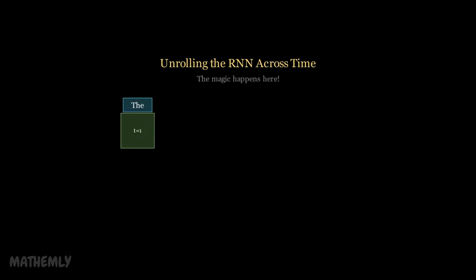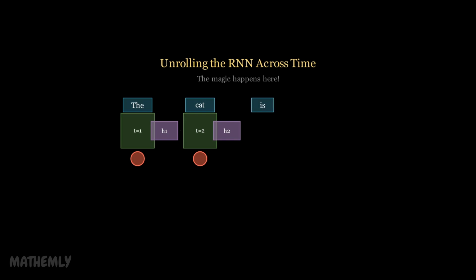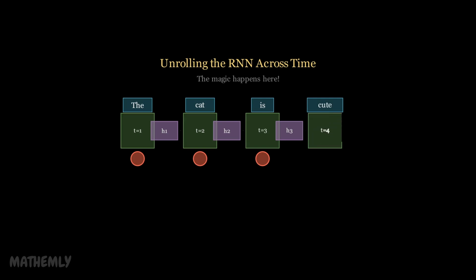If we unroll that loop across time, you can really see how the magic happens. As the network moves through a sentence, it passes this hidden state forward from one time step to the next. So, when the network gets to the second word, it isn't just looking at the word in total isolation. It takes the current input and mathematically combines it with the hidden state passed down from the previous word.